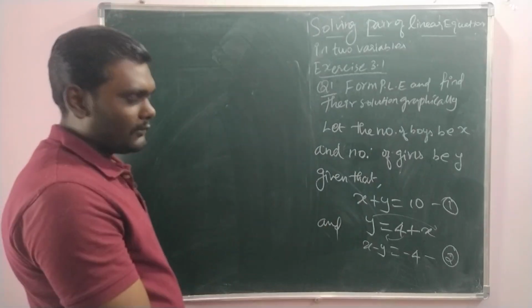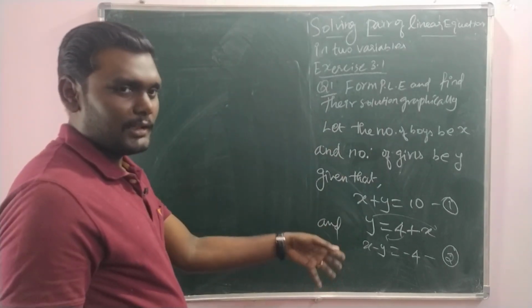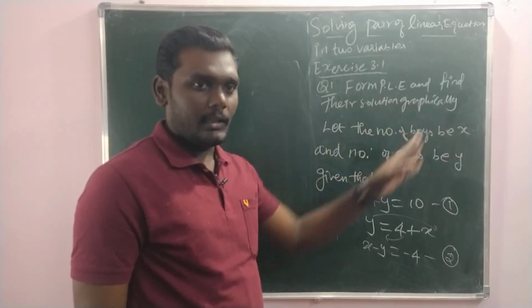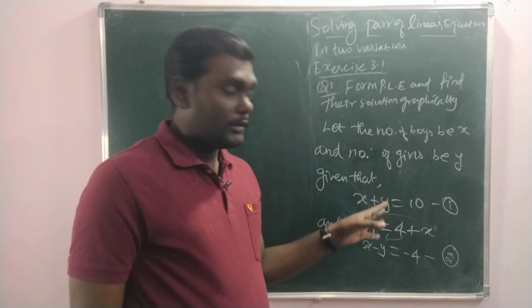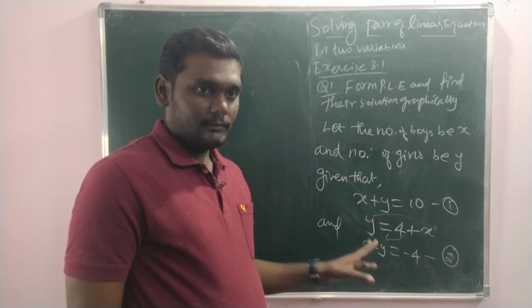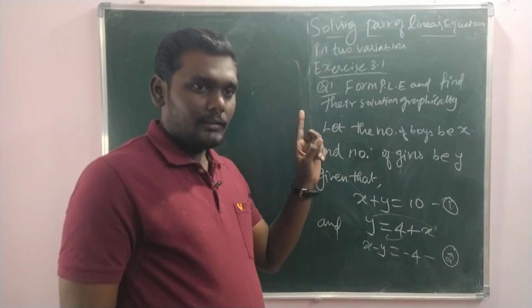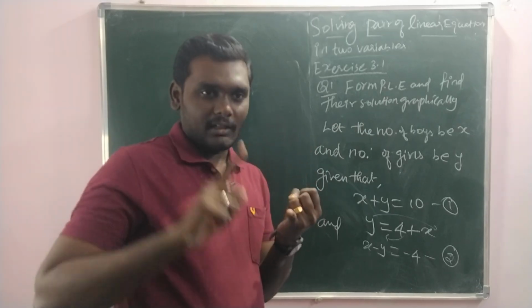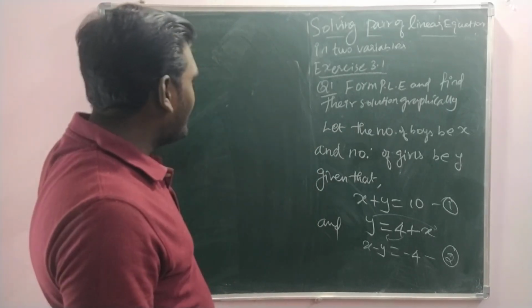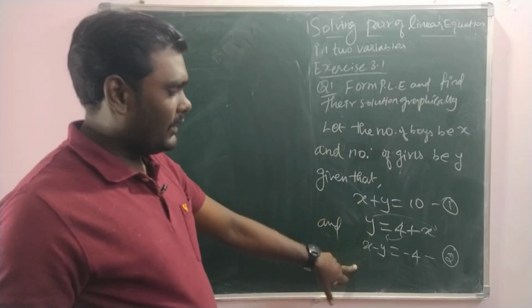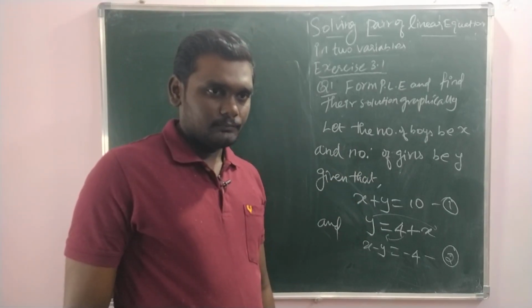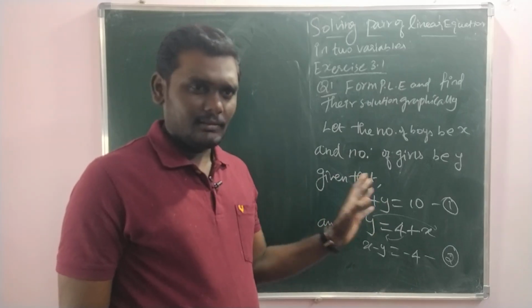Other ways also we can solve, but as we are seeing the graphical method here, they asked us to solve this graphically. Suppose in the question they mention represent algebraically and graphically, then you have to write the algebraic representation, these two equations, once, and then move to the graph. In this question they didn't ask that, I am simply saying.